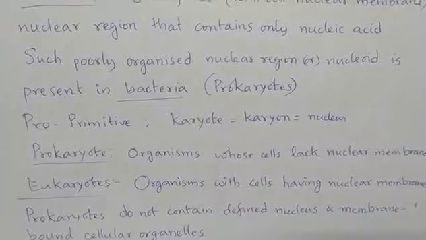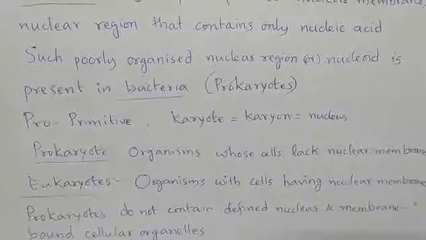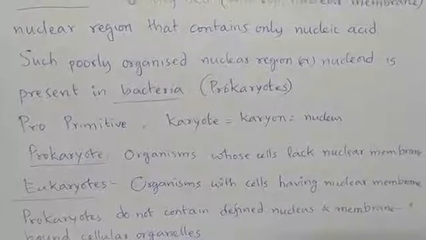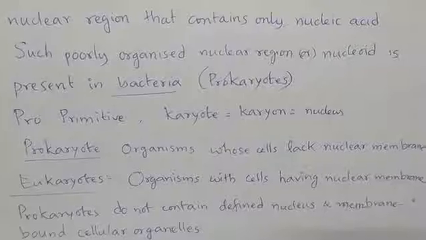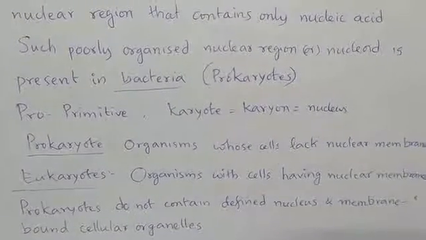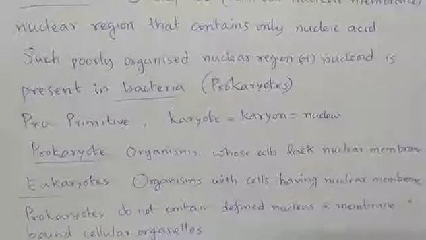It has a good organization, so it could develop to the multicellular organism level. So in prokaryotes you will not find any multicellular organisms, whereas in eukaryotes you can find both unicellular organisms as well as multicellular organisms.